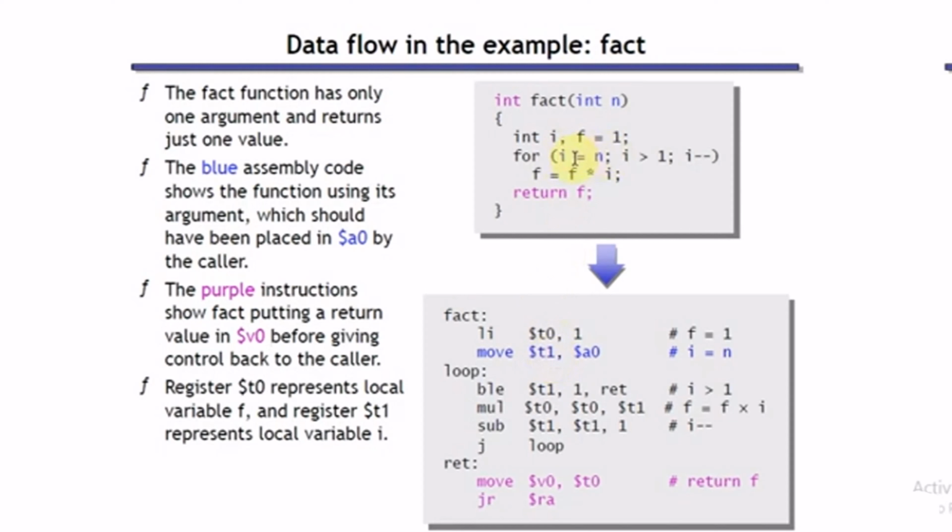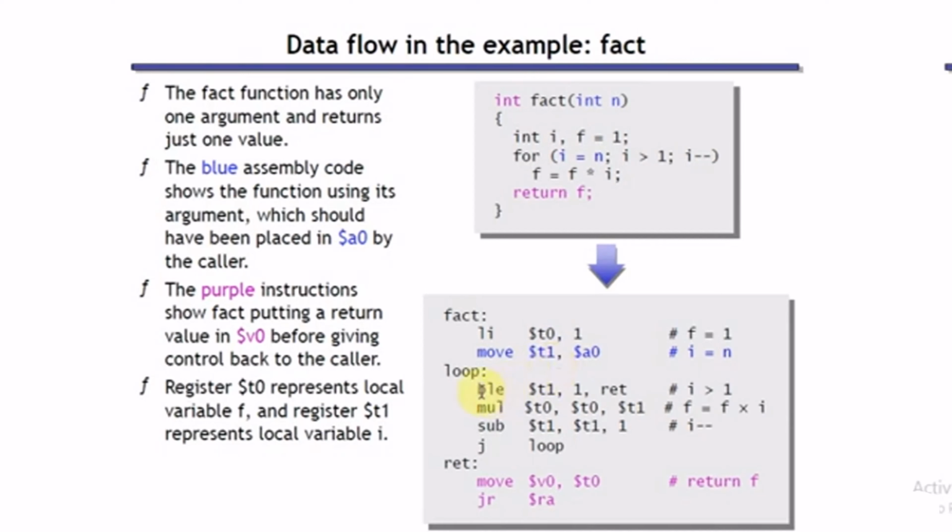As the factorial result is here in variable f, we use the register $t0 instead of this variable, and instead of i we use $t1. So this loop starts from n and every time decrements it by 1 unit.